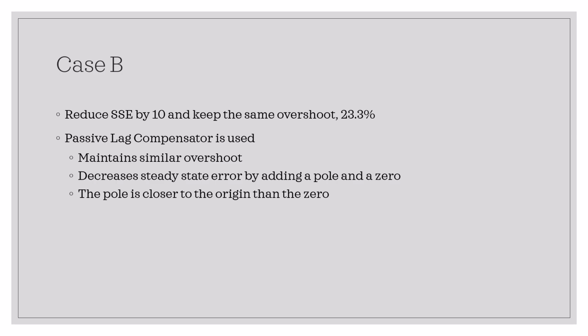We have to add in a pole and a 0, which means that our P, the pole, has to be less than Z, the 0, meaning the pole has to be closer to the origin.